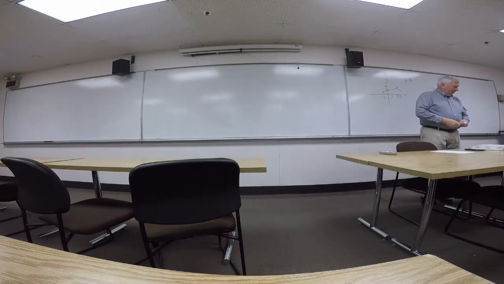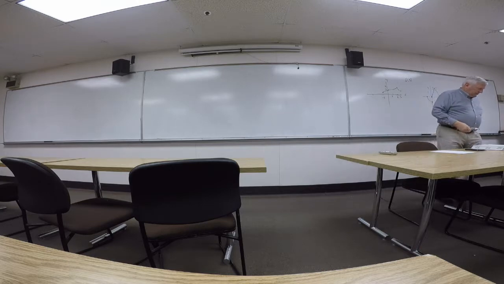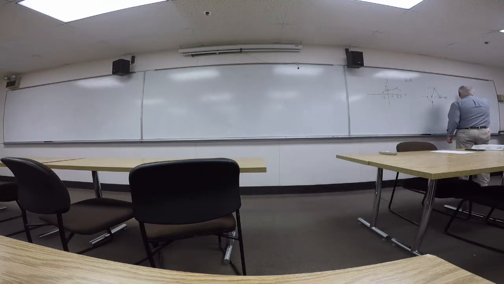Number 18. Where are we on number 18? Ooh, kind of interesting. Y equals 1 over absolute x plus 1 minus x squared over 2.